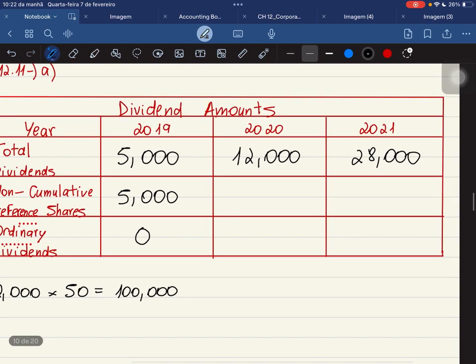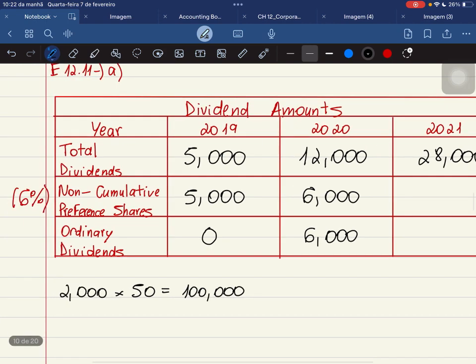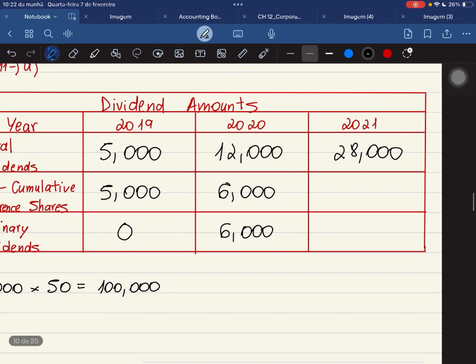Again, for the next year, 2020, the logic is the same. So you would have 6,000, right? In this case, you can't have 6,000 because your total is 12,000. So 12,000 minus the 6,000 gives you 6,000 for the ordinary dividends. Then for 2021, same logic. It was 6,000, right?